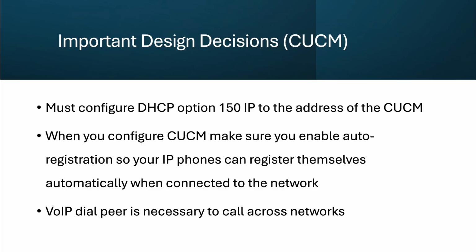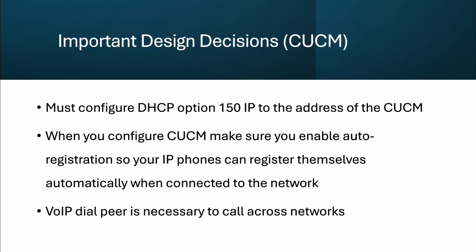Alright, so now we're going to be covering some important design decisions for the CUCM. There's a few things you need to remember if you want to repeat this project or do something similar. So beginning with option 150, you need to make sure you have your DHCP option 150 set to the address of the CUCM.